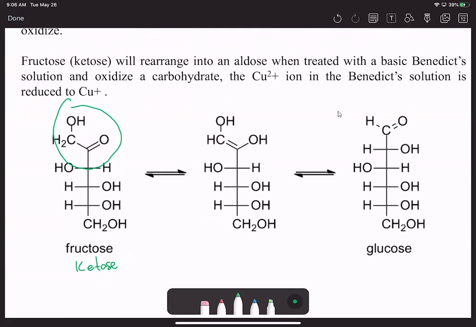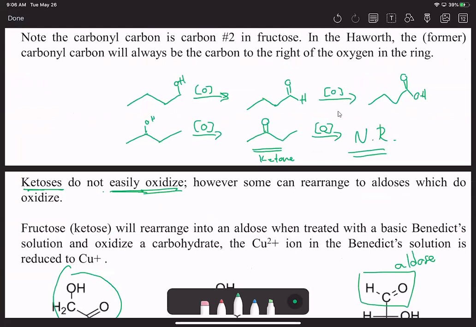It will rearrange itself into an aldose. And aldehydes can be oxidized. So ketoses, because they can rearrange themselves into aldoses, ketoses and aldoses both oxidize.